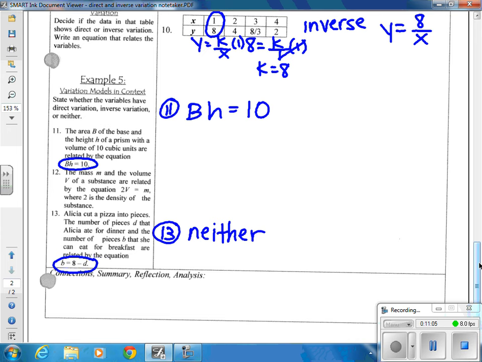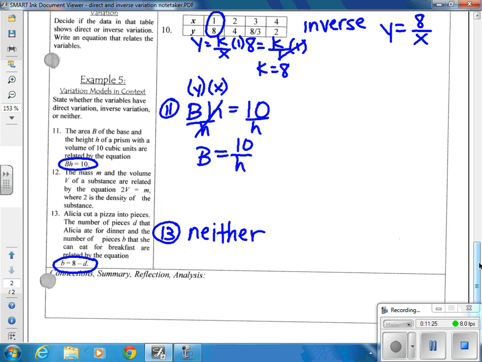Height I'm going to call my X value, and the area of the base is my Y value. If I solve this for Y, I have to divide by H in order to get the B by itself. And that leaves me with B equals 10 over H.